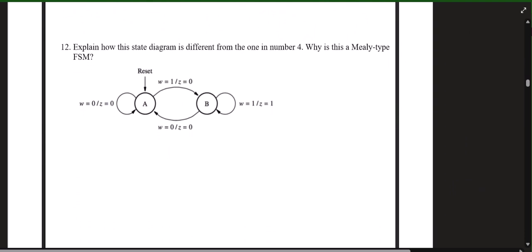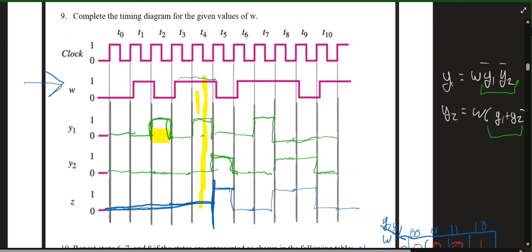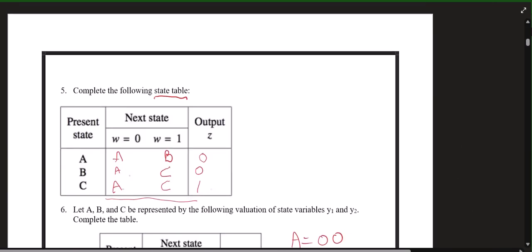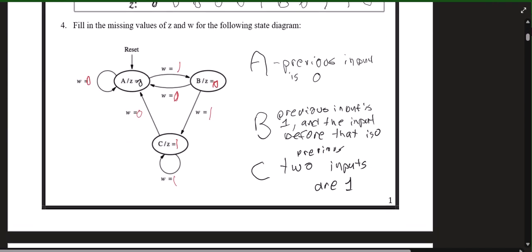Okay, so explain how this state diagram is different from the one in number 4. Why is this a Mealy type finite state machine? So how is this different from the one we did before? Let's look at our first state diagram.